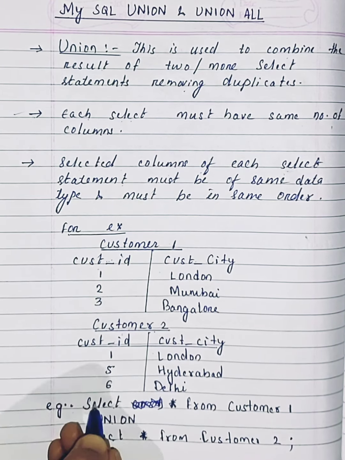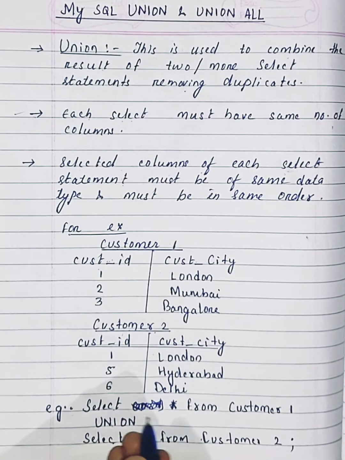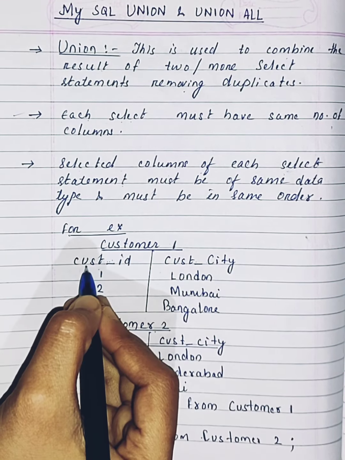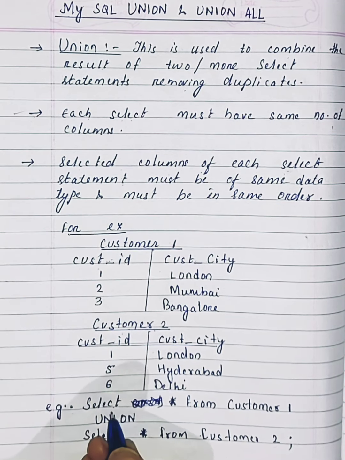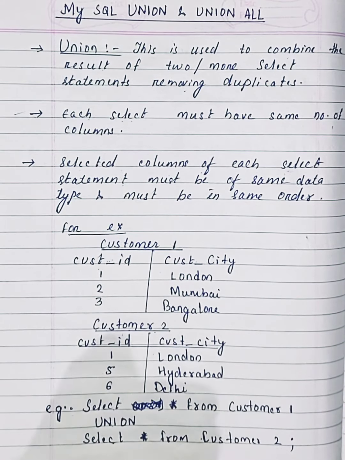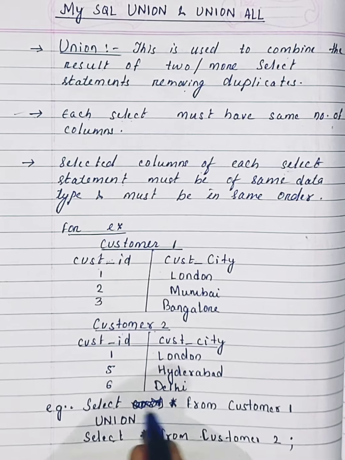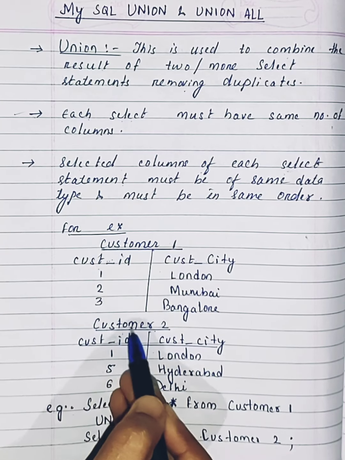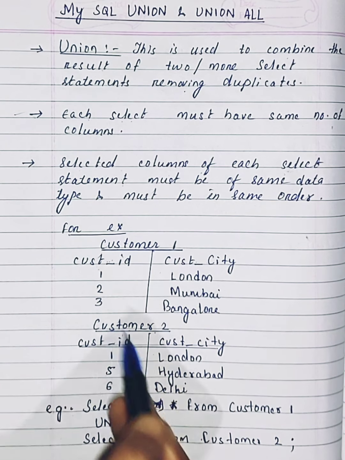For example, in the first select, select asterisk from customer 1, asterisk means the first column is cust ID. If we are not writing asterisk here, we will simply write select cust ID comma cust city from customer 1. So whatever we are writing in the first select, in the second select also we will write the same thing in the same order, same data type.